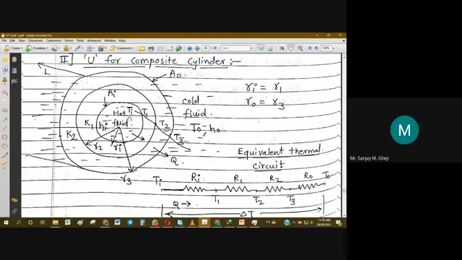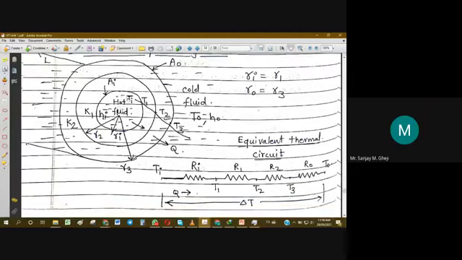Now see, the fluid temperature and inside tube surface temperature are different. Ti is higher than T1, both are not equal.